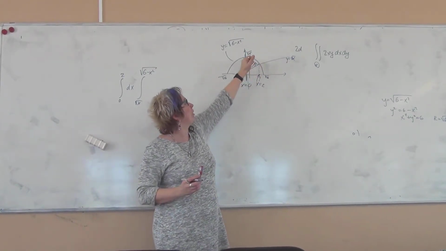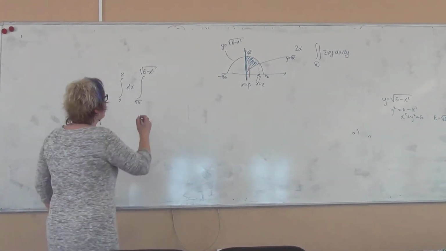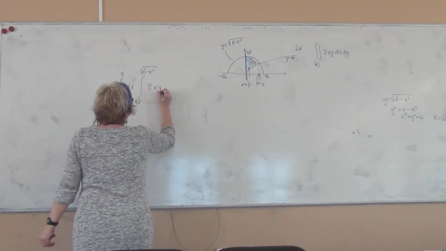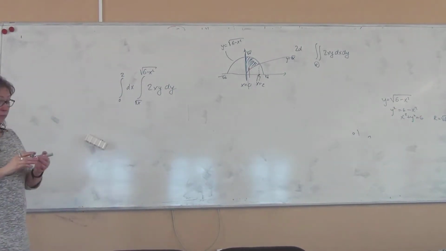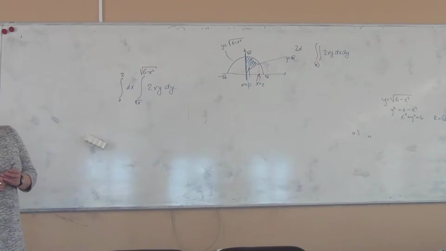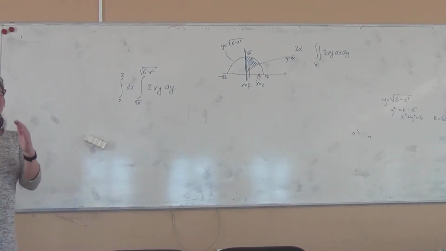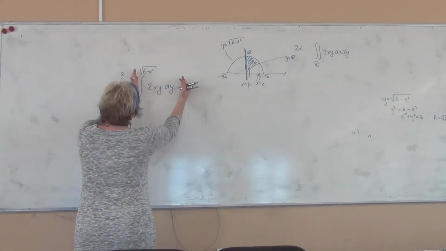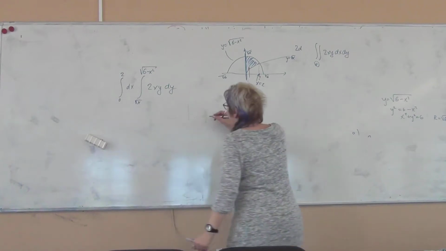So we put simply these as the boundaries here, there. And the function is 2xy dy, integrate by y first. So the rule, as you remember, was first we do the integral that we see clearly, and we see clearly this integral, so we do this first. Okay.